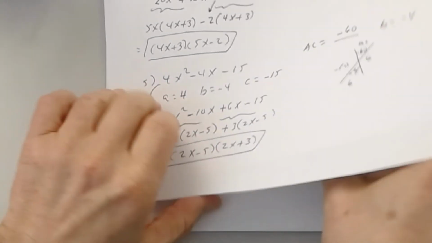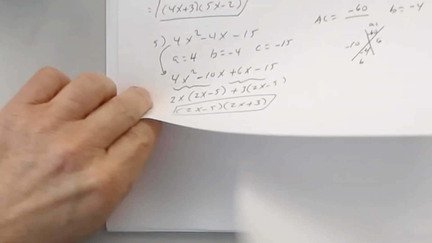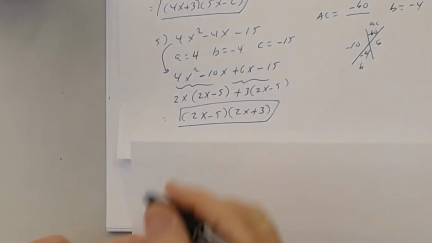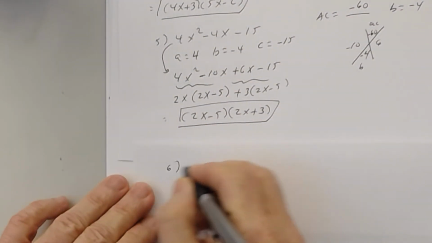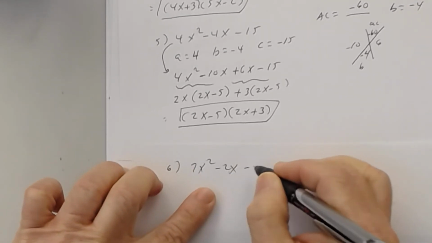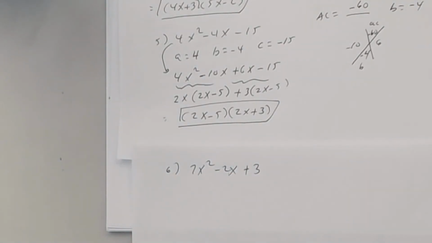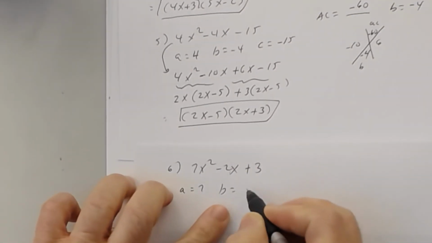All right, number 6. Suppose you had 7x squared minus 2x plus 3. What's A? Okay. What's B?